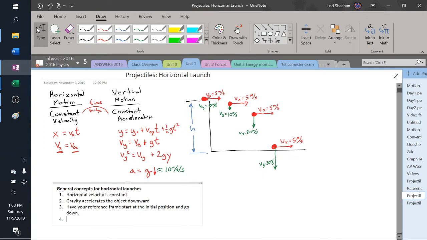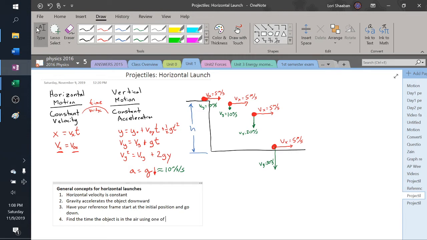Okay? Now, a big piece is to find the time the object is in the air. That's a big component. Okay?